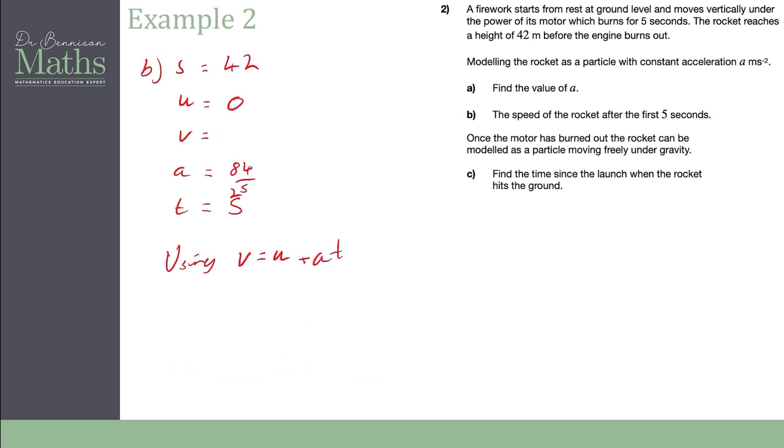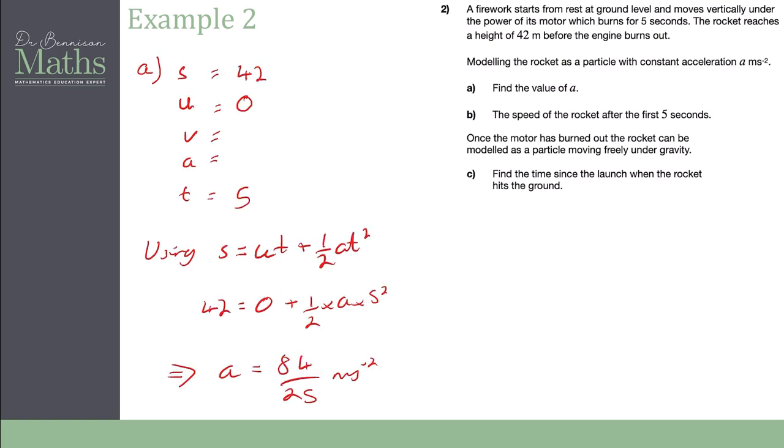So V then is 0 plus 84 over 25 times by 5, which is 84 over 5 meters per second.